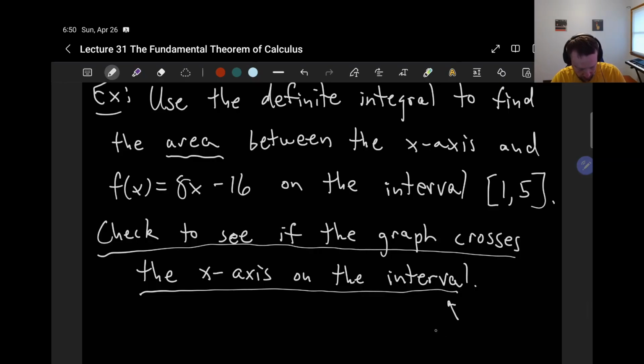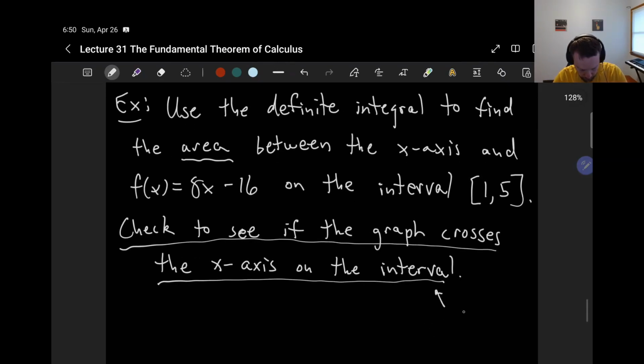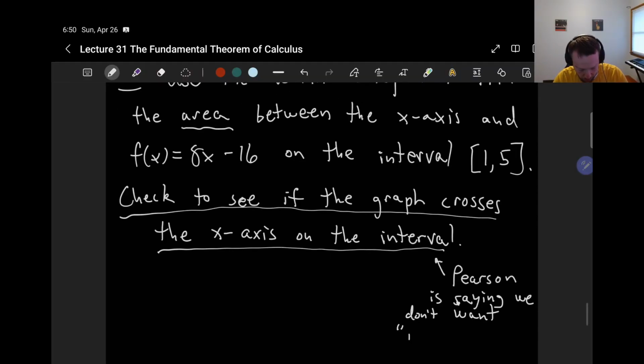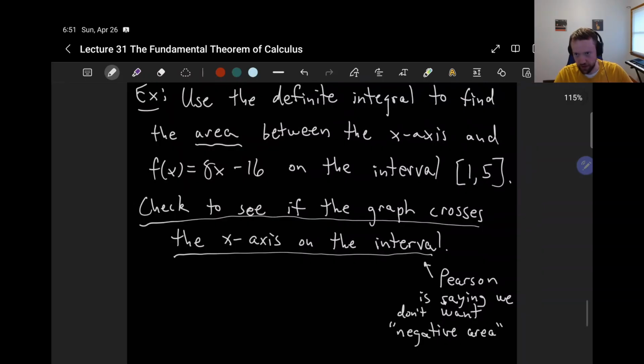So let me just say here, zoom out a bit. Pearson is saying we don't want negative area, quote unquote. When I say I want to find the area, I do not want that to be negative ever.